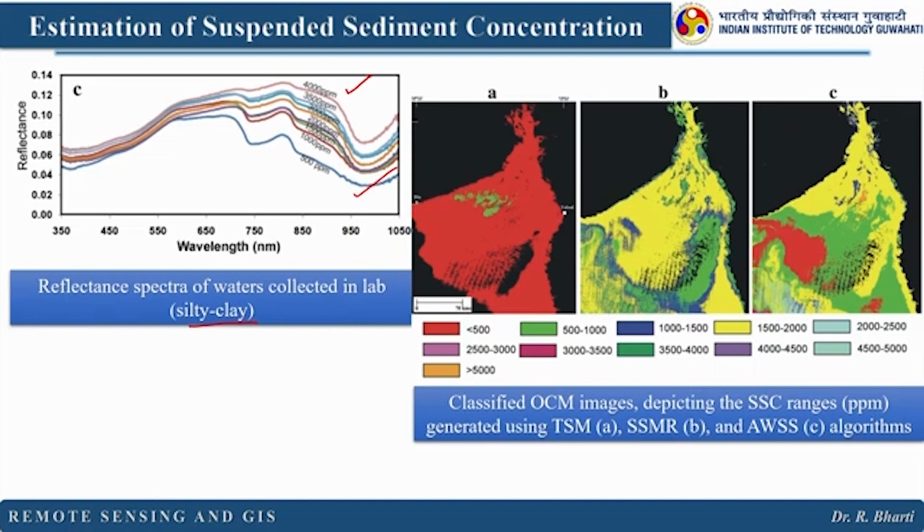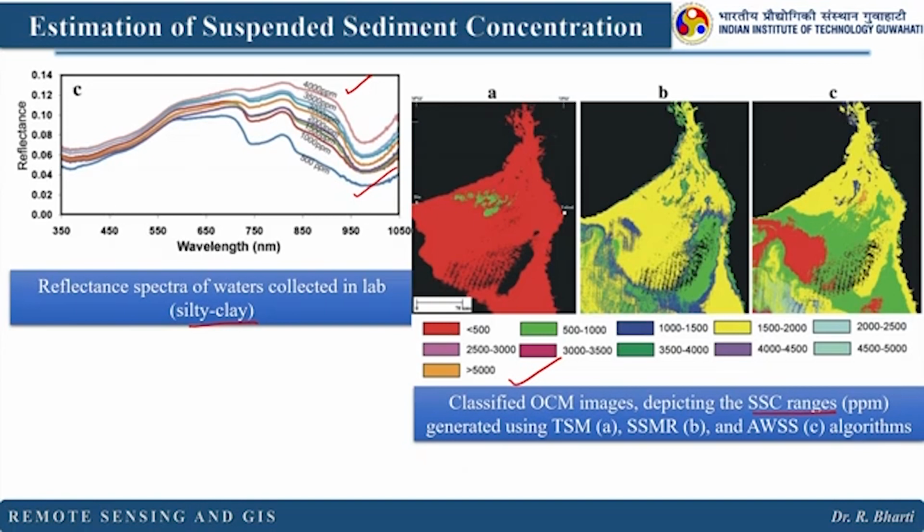Once you identify those wavelengths, and if you can find satellite images in those particular wavelength regions, then you can use that value to depict the suspended sediment concentration. That is how this OCM image was used to identify the suspended sediment range in this particular study area.